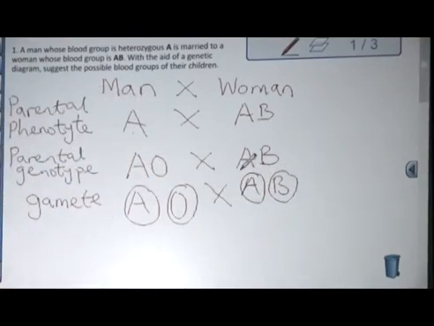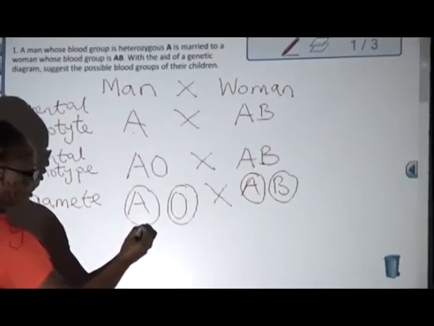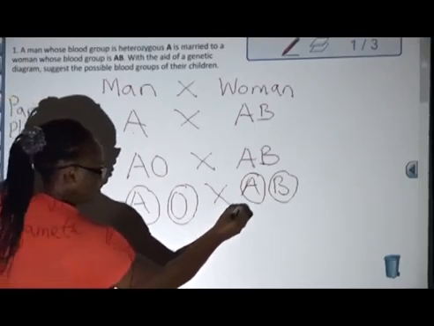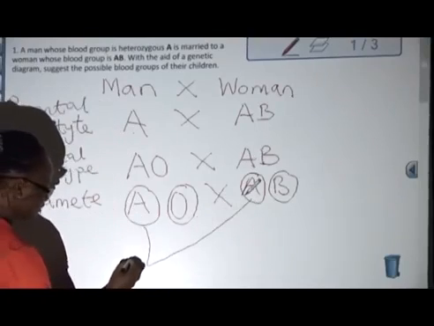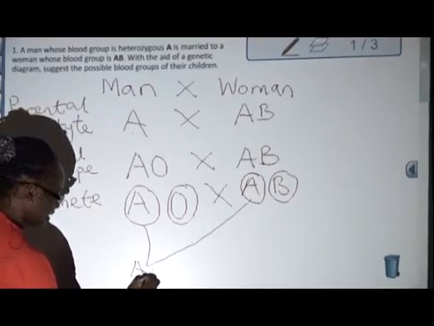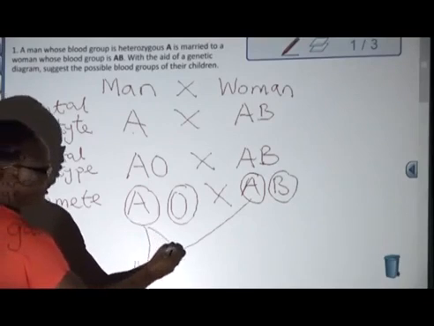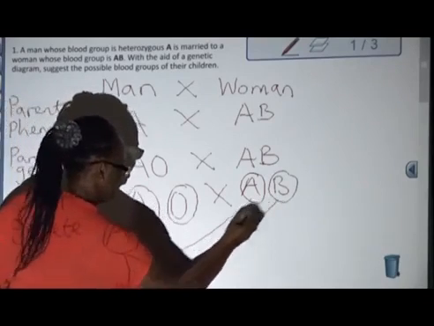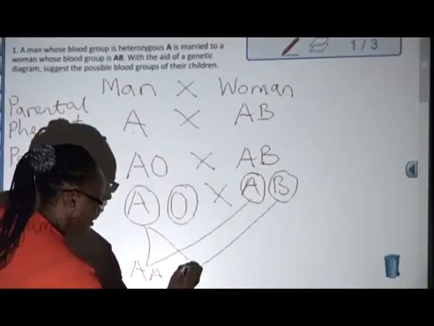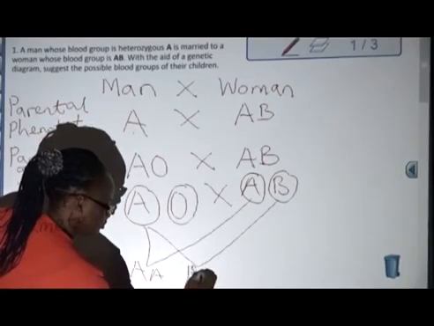Let us now cross it. A fused with A will give us A. This A can also fuse with B to give us AB.